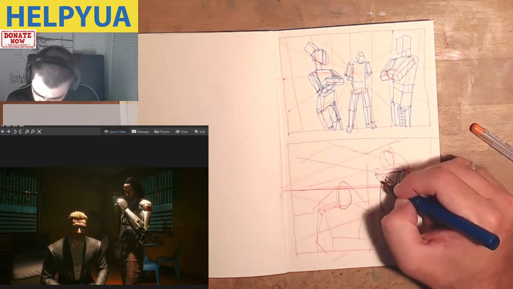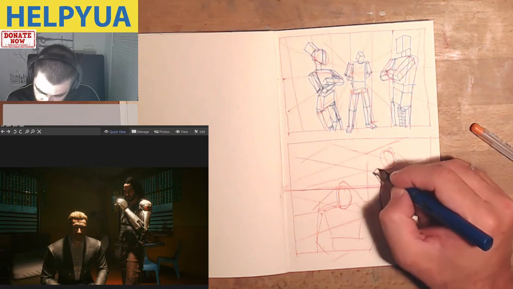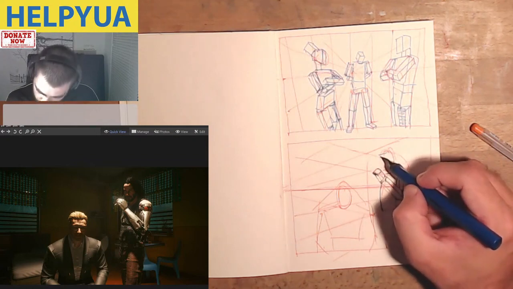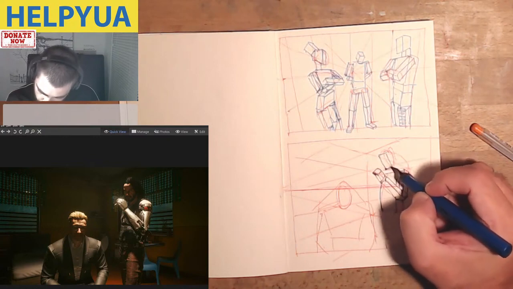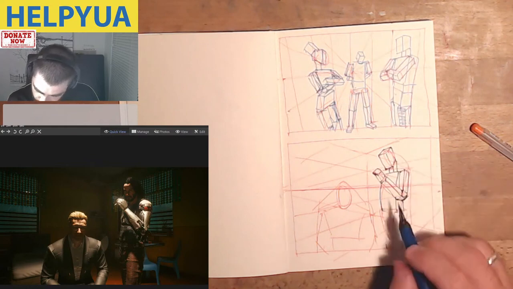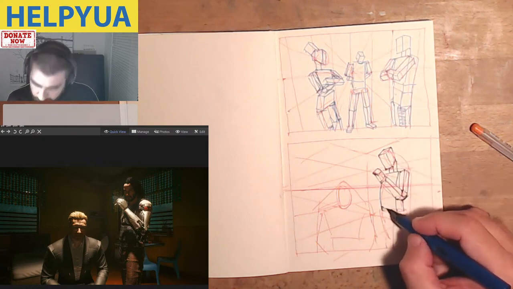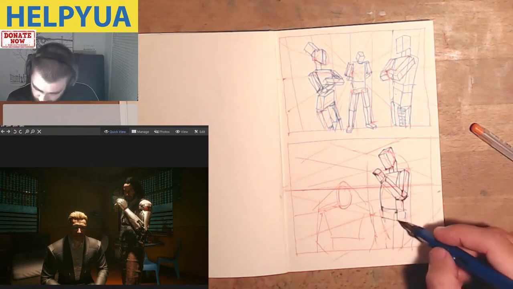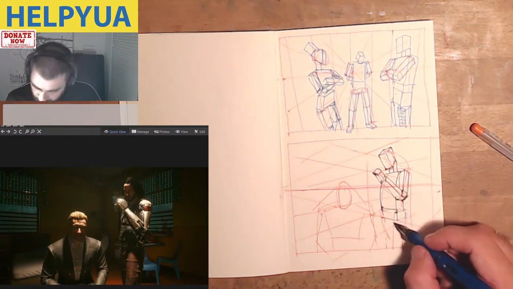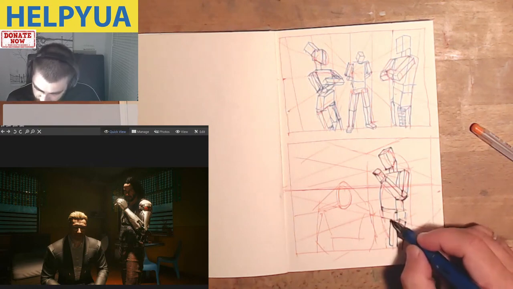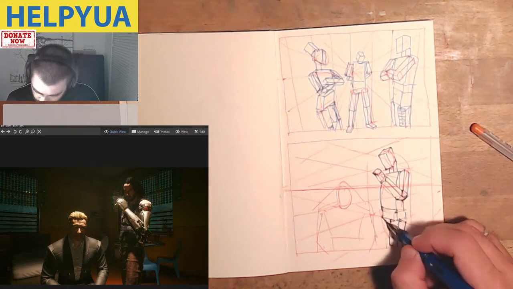His wrist. His head is like this. And again, you can see the leg is actually a little rotated here and a little rotated here.